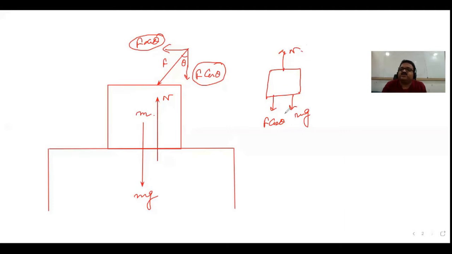And since this body is in equilibrium, we can write here N equal to F cos theta plus mg. So this is the value of the normal reaction. Now here, if you watch it carefully, it is not equal to mg, it is more than mg. It is clear? So remember, normal reaction is not necessarily equal to mg. Let me show you a few more examples.